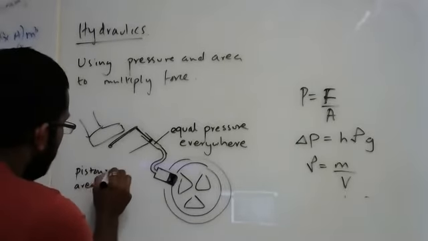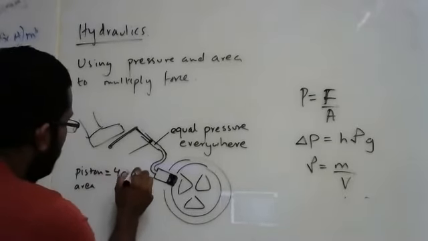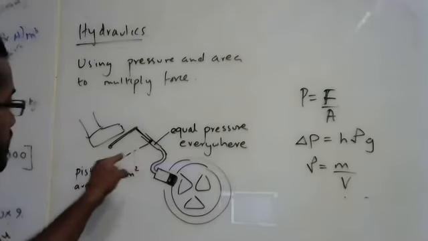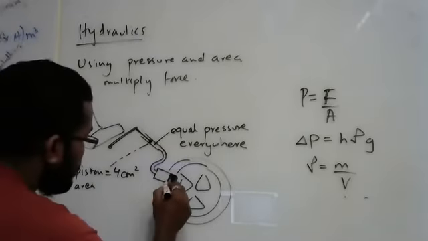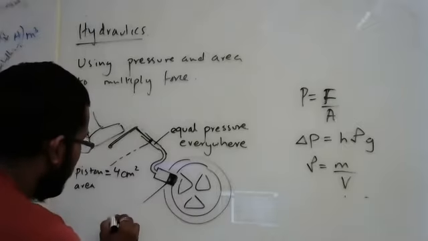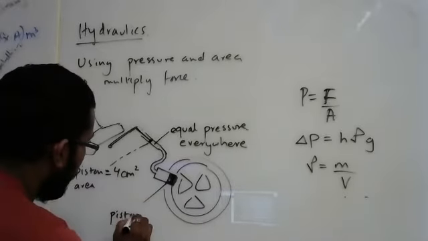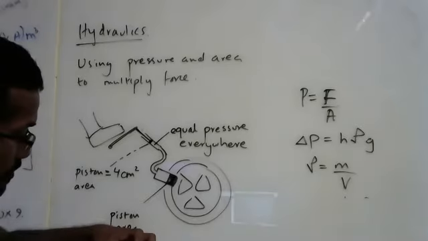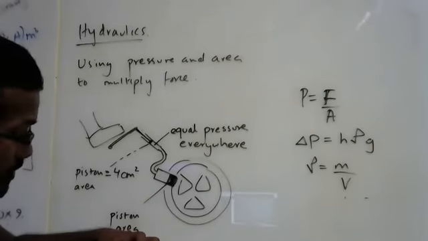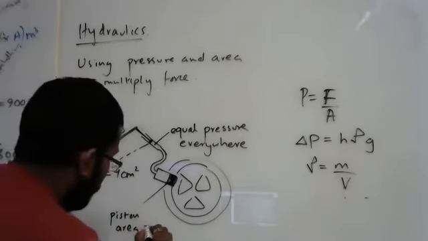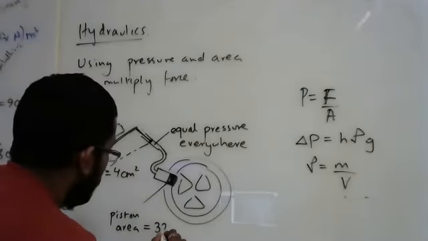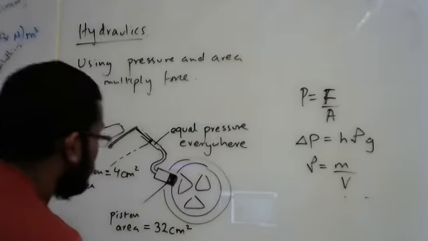Piston area equals 4 centimeters square. That's this piston area. This one's piston area is 32 centimeter square, right?